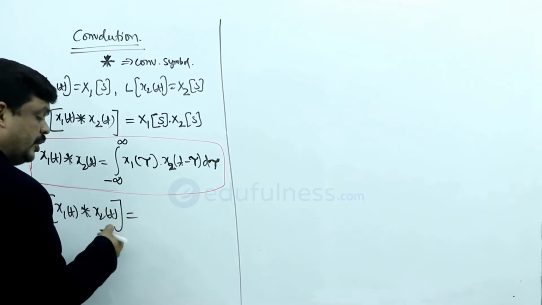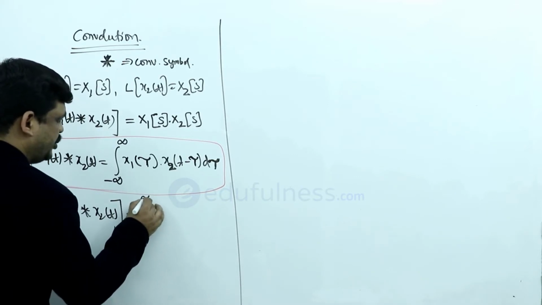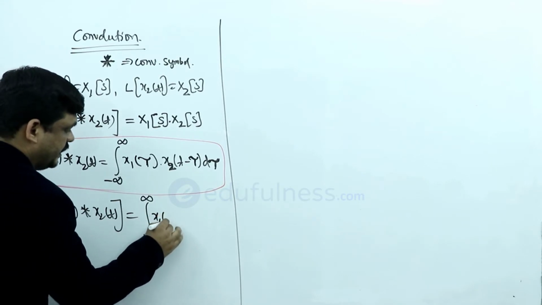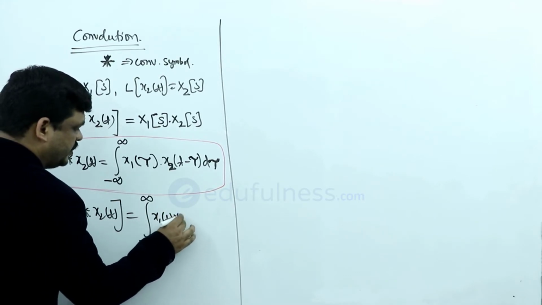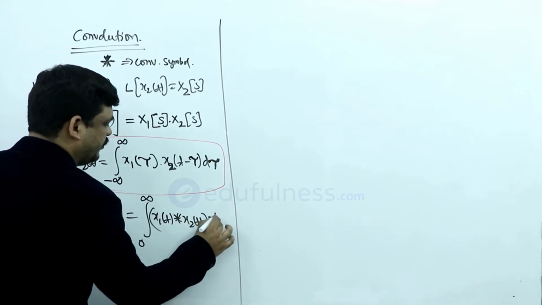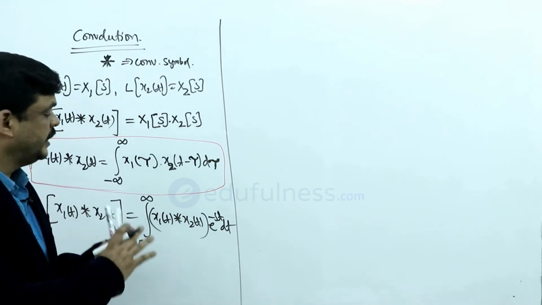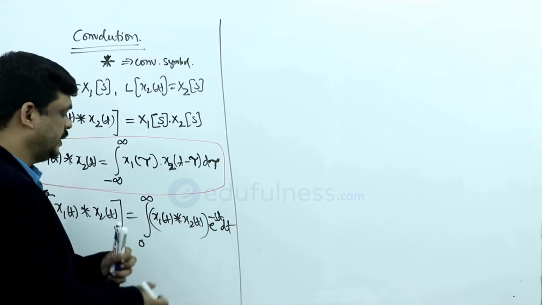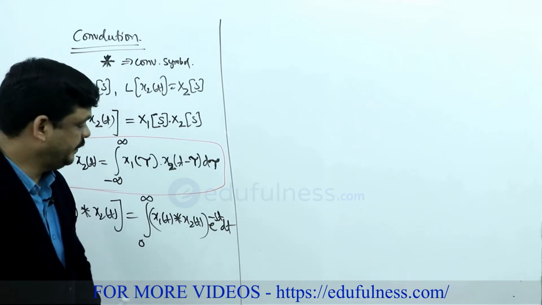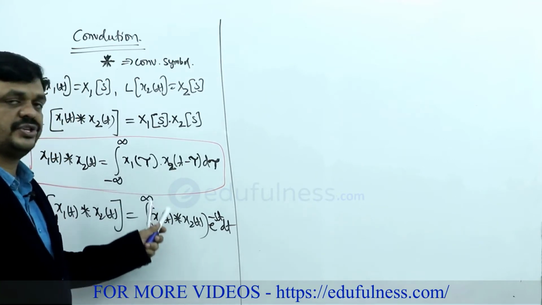The Laplace transform equation is the integration from 0 to infinity of the given function, x1 of t convolution with x2 of t, into e to the power of minus st dt. Here I have applied the basic Laplace transform equation. Then replace this complete function with the convolution equation.